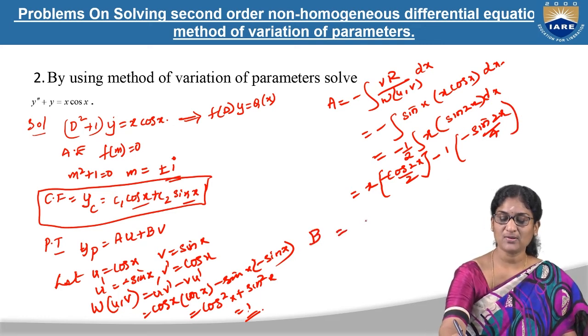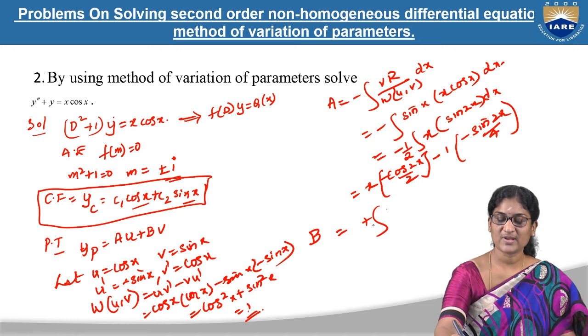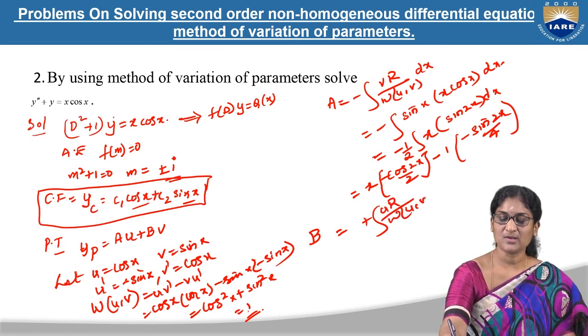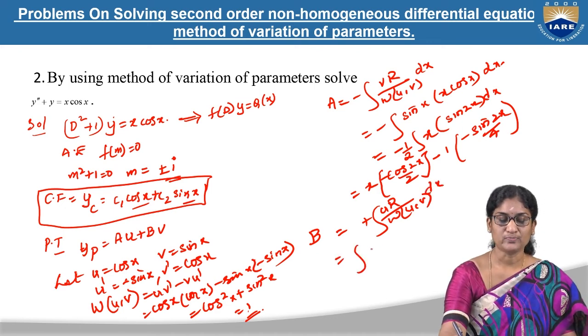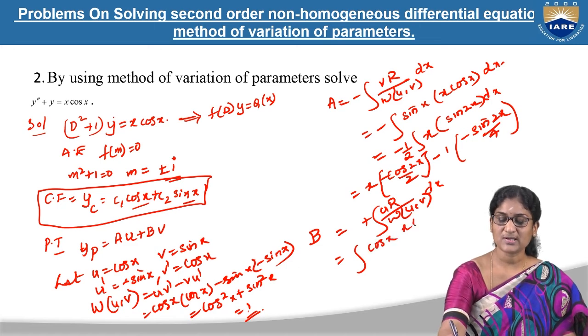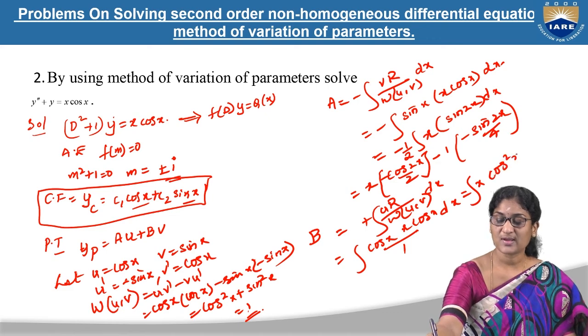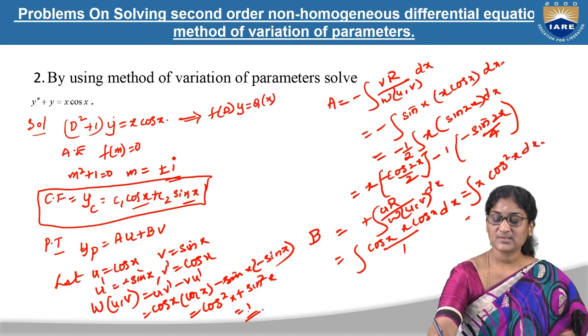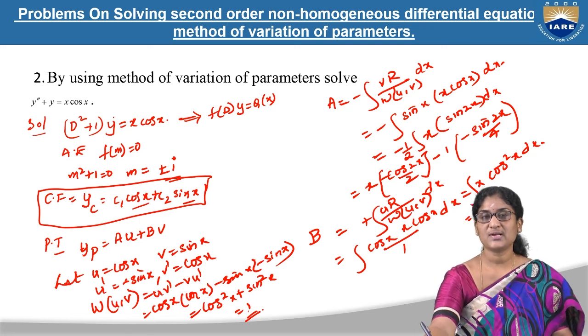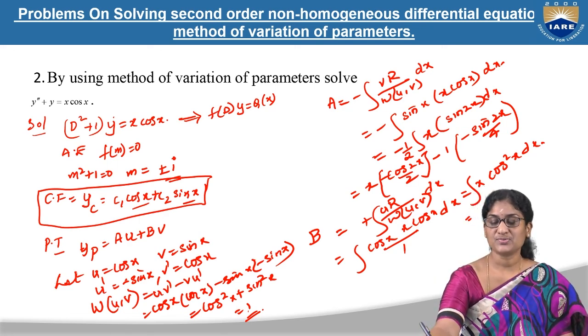Similarly, the b value can be found by the integral of u r by the Wronskian function. Substituting the Wronskian value, that is nothing but integral of u, which is cos x, into x cos x divided by the Wronskian, which is 1, dx. That is nothing but integral of cos square x dx. We all know that cos square theta can be given as (1 plus cos 2 theta) by 2.